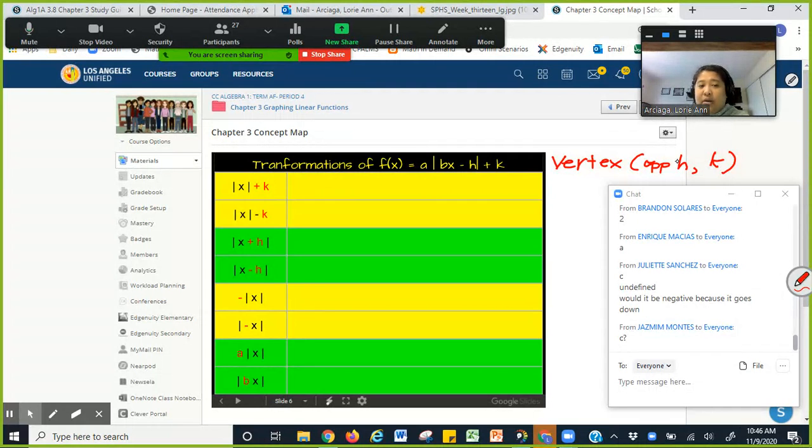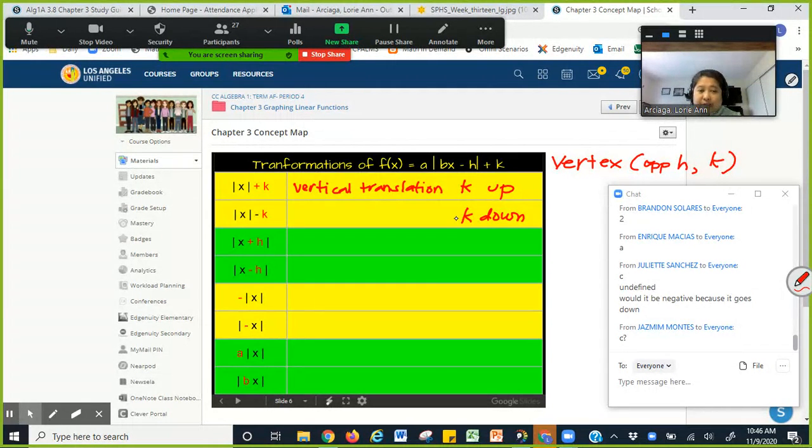If a number is added, we say it's a vertical translation, meaning the graph is going up. Remember when you were graphing last time? The graph was moving upward, downward, or sideways from the center. So vertical translation, k up. Why k up? Because it's positive. If it's negative, then you say k down. That's the only difference.